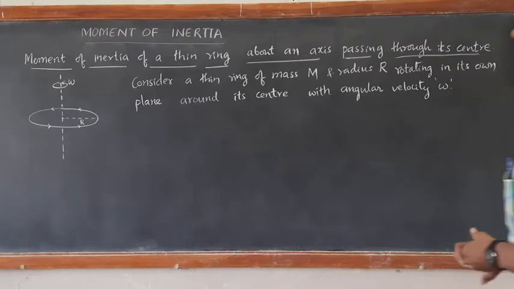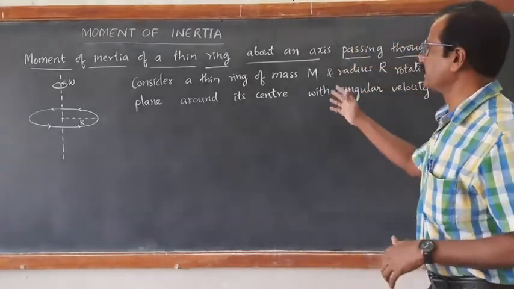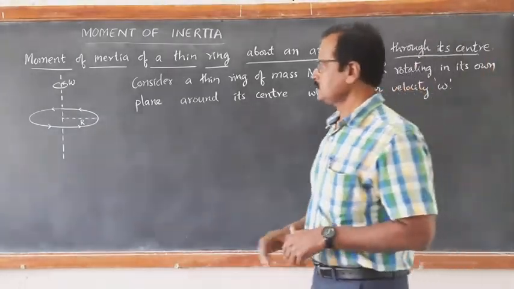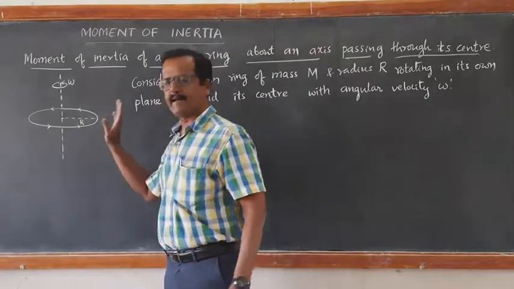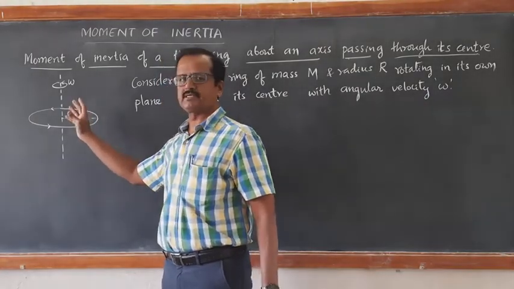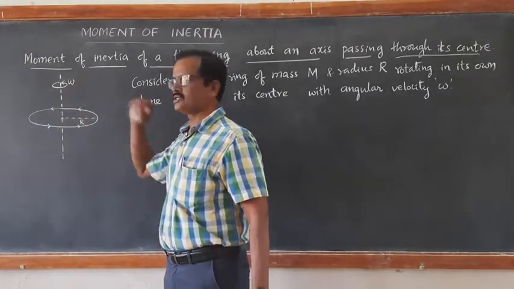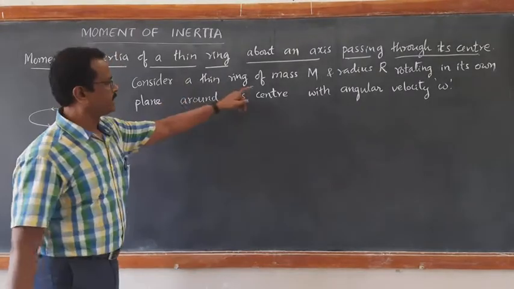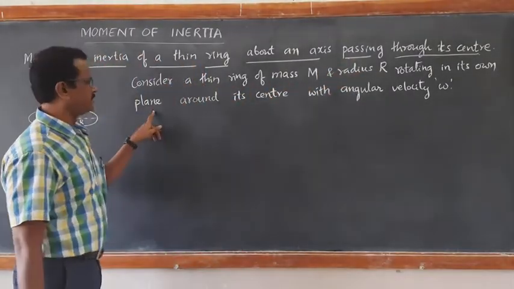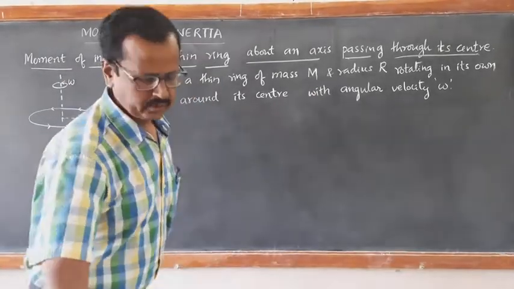Now let us consider the calculation of moment of inertia of a thin ring about an axis passing through its center. This is a thin ring of mass m, radius r, rotating in its own plane around a fixed axis passing through its center with an angular velocity omega.